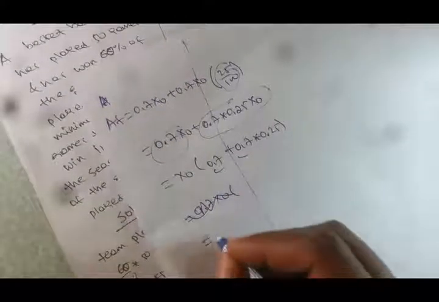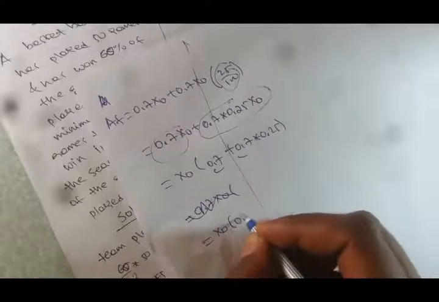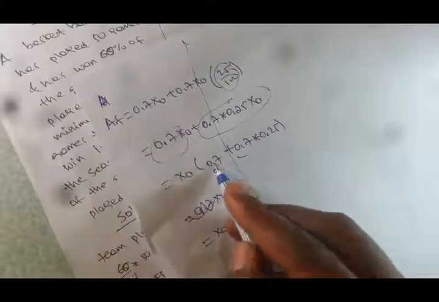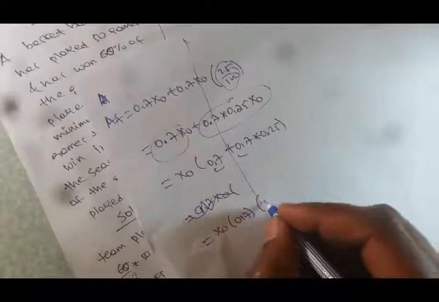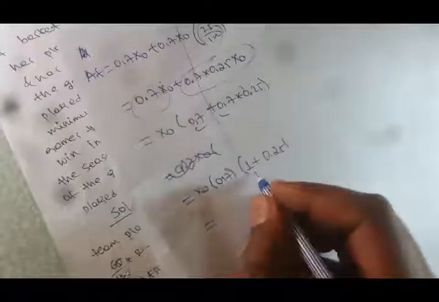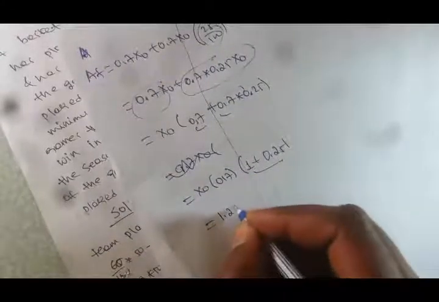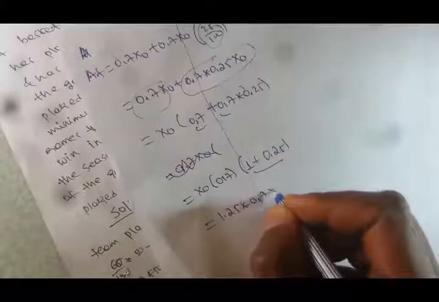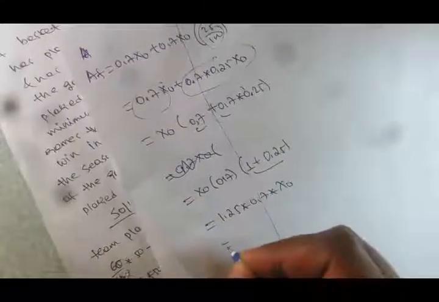Let's write xo times 0.7. Therefore 0.7 divided by 0.7 becomes 1, plus 0.25. This is also equal to 1.25 times 0.7 times xo, which becomes 0.875 xo.